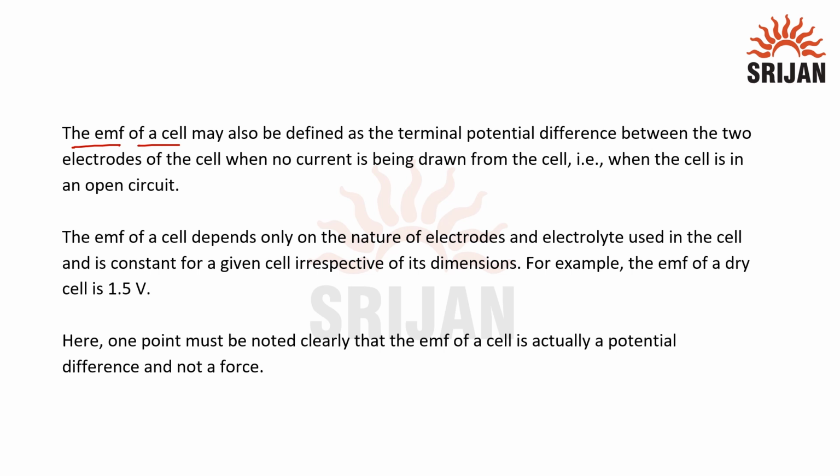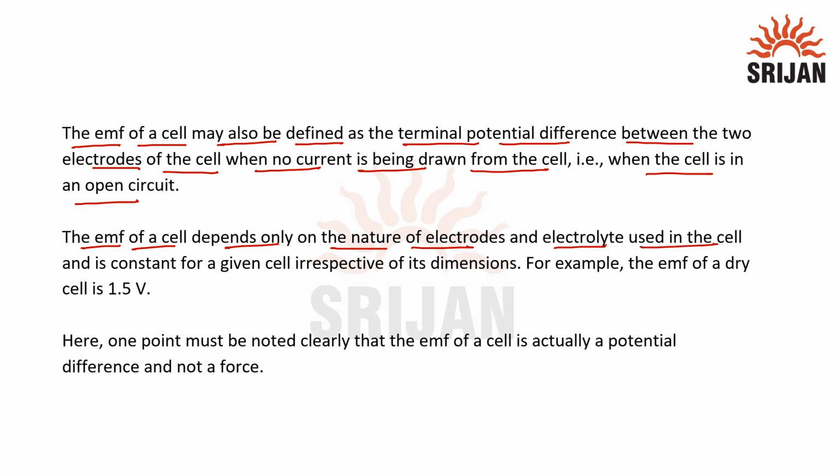The EMF of a cell may also be defined as the terminal potential between the two electrodes of the cell when no current is being drawn from the cell, that is, when the cell is in an open circuit. The EMF of a cell depends only on the nature of the electrode and electrolyte used in the cell and is constant for a given cell irrespective of its dimensions.